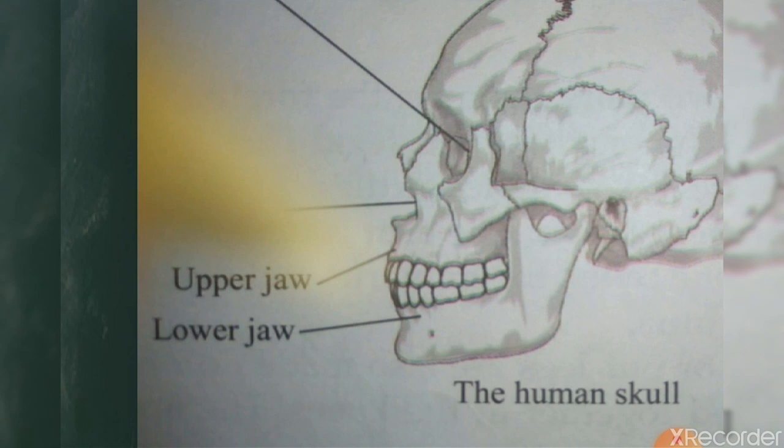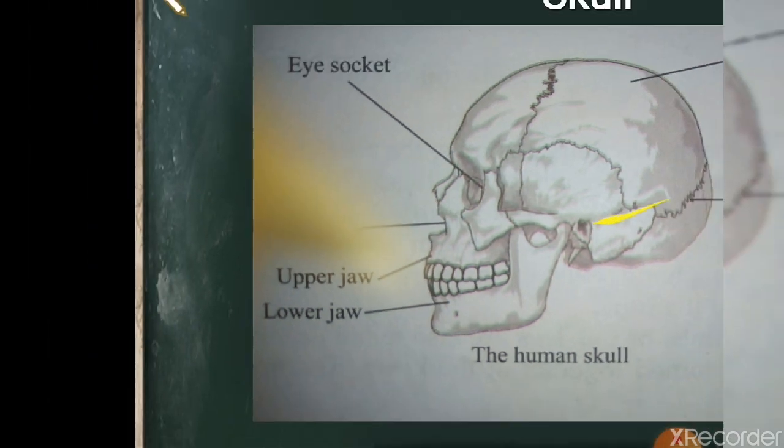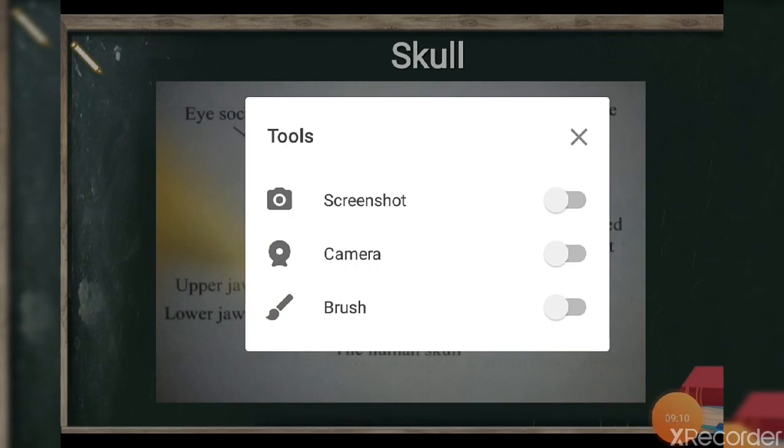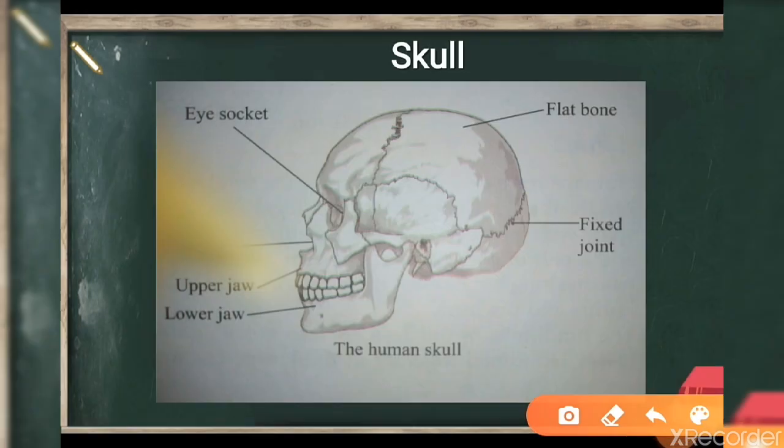You can also feel that when you are eating, only the lower jaw is moving, not the upper jaw. When we are speaking, at that time also only the lower jaw is moving. So in this skull there are 22 bones and only the lower jaw is moving. You can see this is the eye socket.